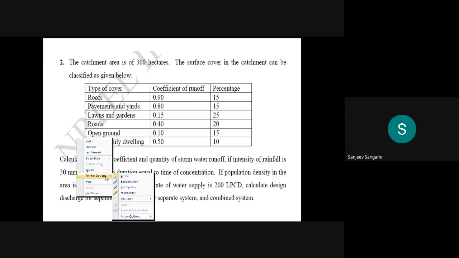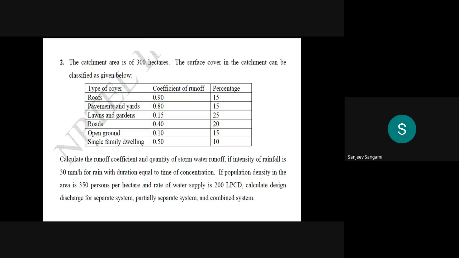Normally, we know that Q is equal to CIA divided by 360.